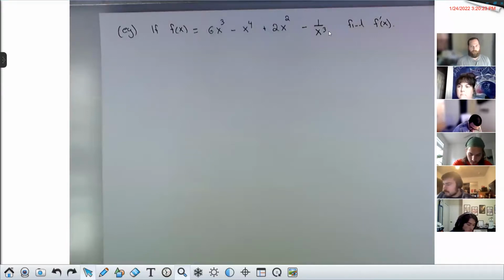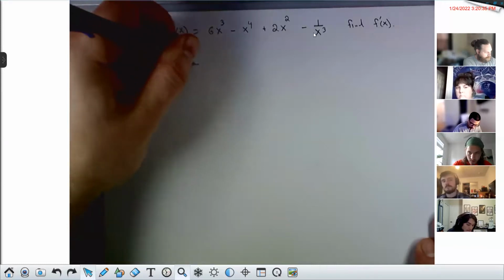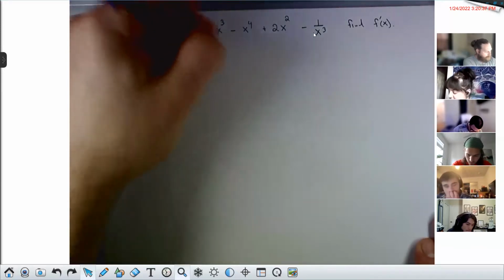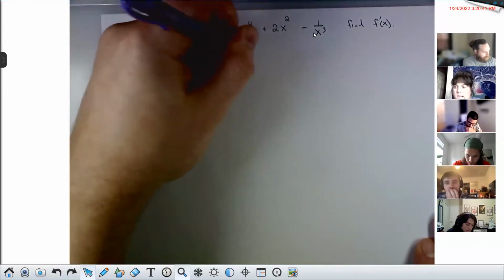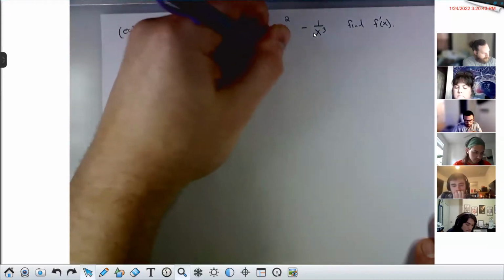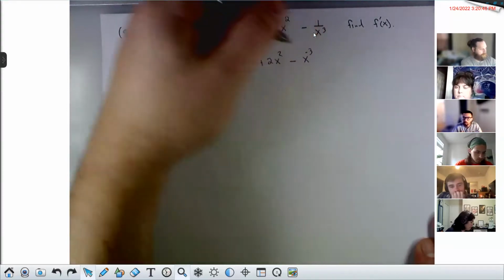And the big idea from that theorem is that you can differentiate each of the pieces on their own. So first I'm going to rewrite f of x in a form that is useful. The only thing I need to be careful about here is this last term, I'm going to write as minus x to the negative 3.